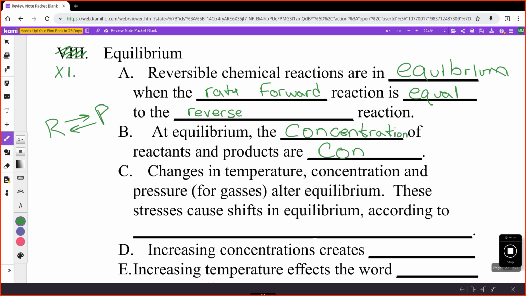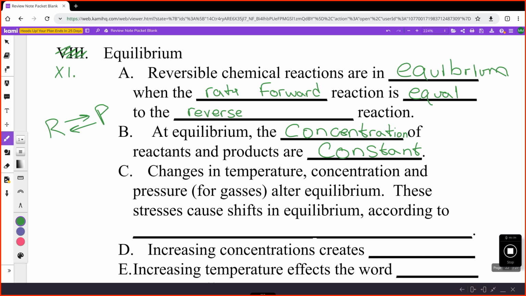And this is a really big thing to try to drill into your head: the rates are equal and the concentrations are constant. That is almost guaranteed in some way, shape, or form to show up on the Regents. Rates are equal and/or concentrations are constant. That's equilibrium.